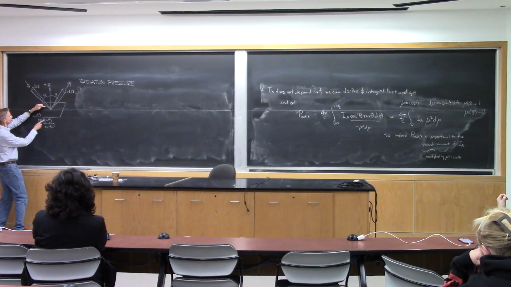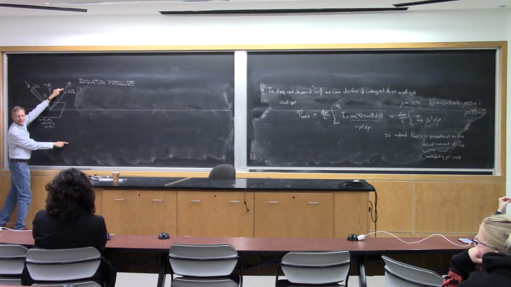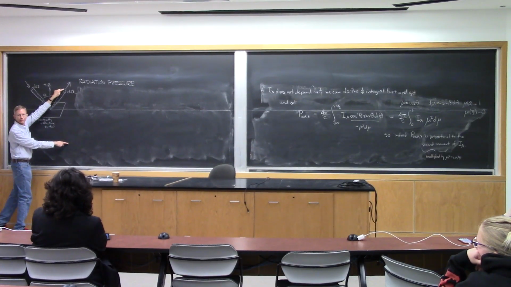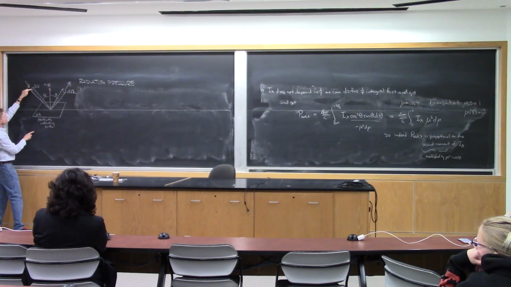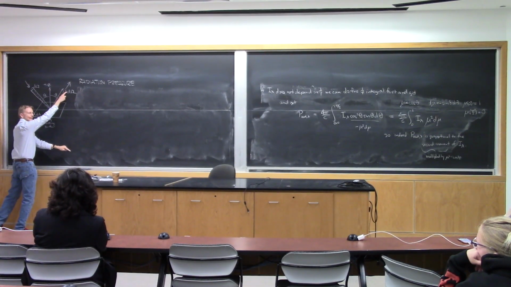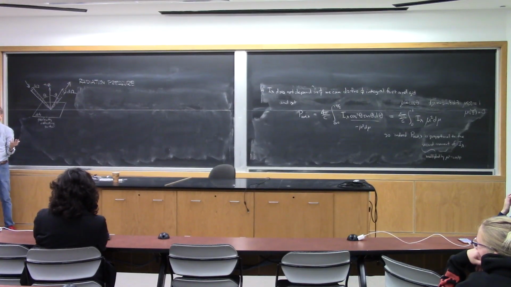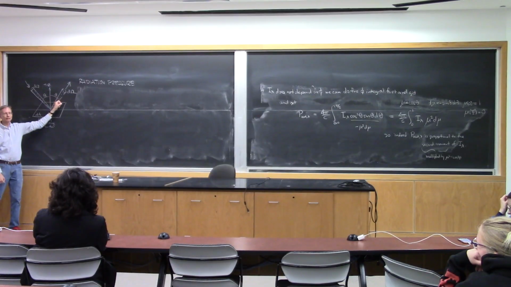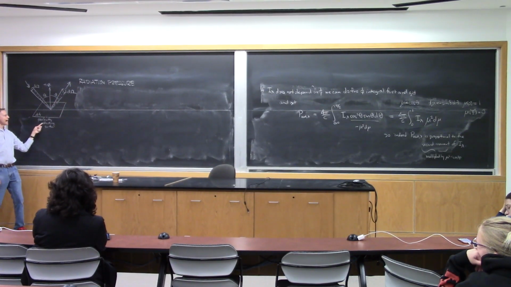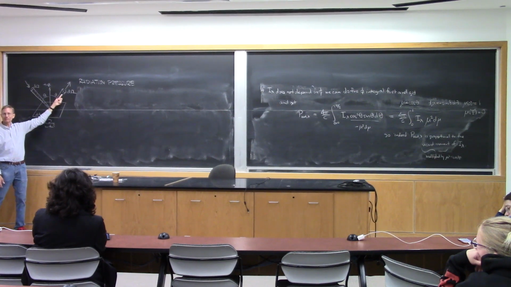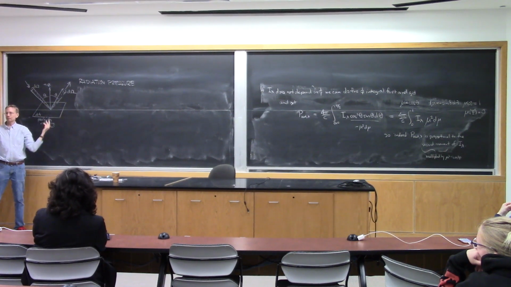If the mirror's there, they just reflect off in opposite directions. But if the mirror's not there, they just crisscross, and the effect is essentially the same. Any photon that gets reflected, if you take away the mirror, is replaced by another photon that just happened to pass through the surface at the same time.